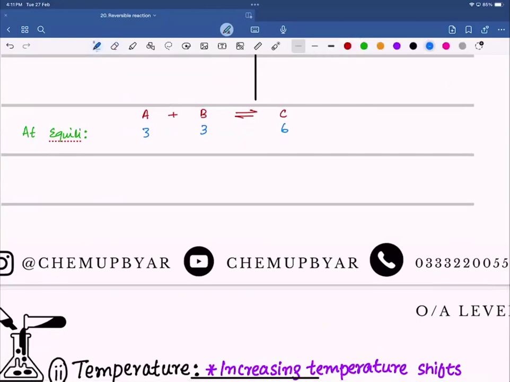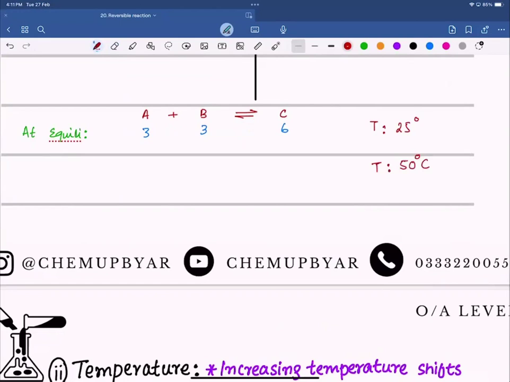For example, this equilibrium is established at a temperature of, let's say, 25 degrees Celsius. So equilibrium is always aligned with the temperature as well. So what I did, after some time, I provide heat to the mixture, and as a result, the temperature is raised to 50 degrees Celsius.